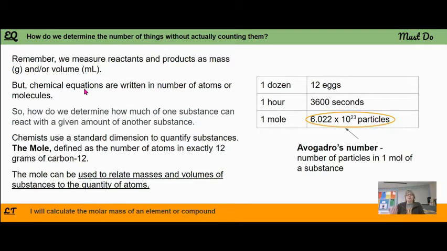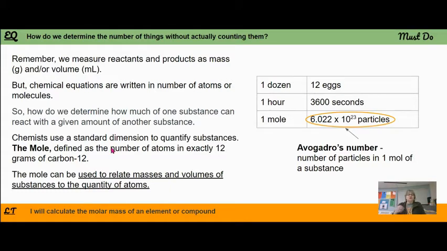They're not written in grams and milliliters. So how do we determine how much of one substance can react with a given amount of another substance to give us the amount of product that we want? For example, how do the aspirin manufacturers know how much of each ingredient to put in so that they can get 100 capsules or something like that?